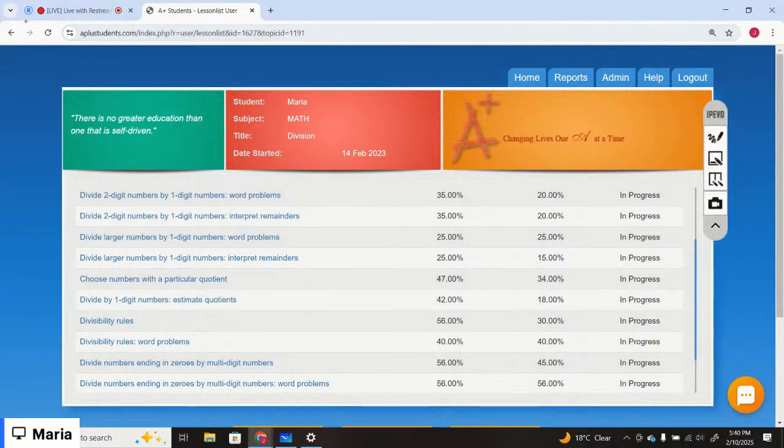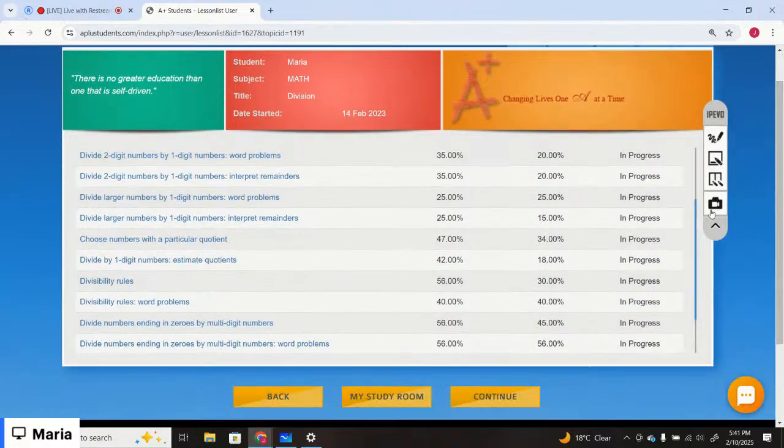Please make sure before the next session you complete all the practice questions for the lessons we just did. That is your homework until next session. If you need more help with any of the lessons, you can simply click on the live chat button.